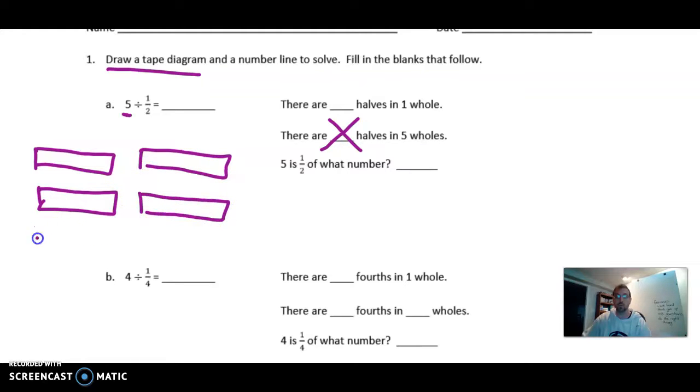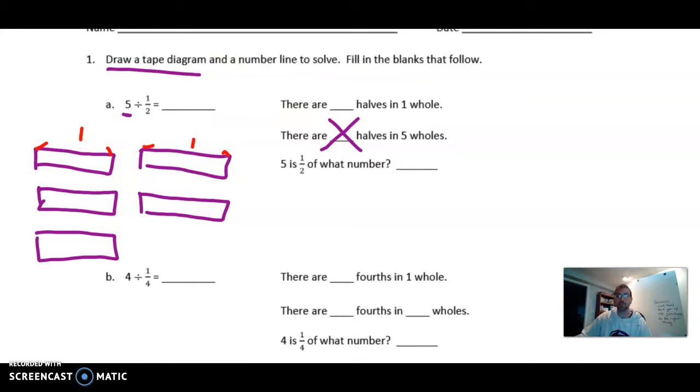And what you really want to make sure you do, all good scientists, including our mathematicians, would label everything. So make sure that you label. I'm going to label this as my 1 whole. And I don't have to do it for every single one, but you certainly can if you want to. This one is a whole and each of the other ones are 1 whole.